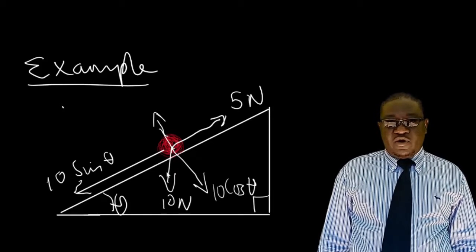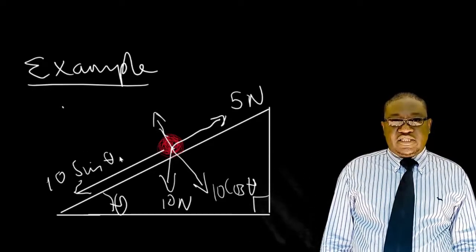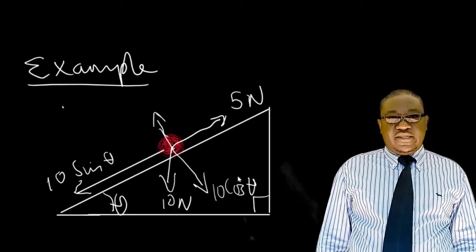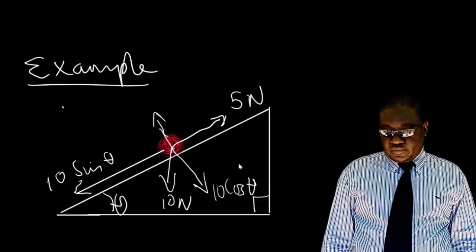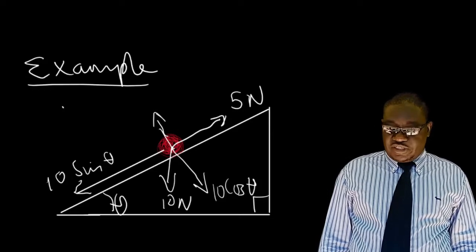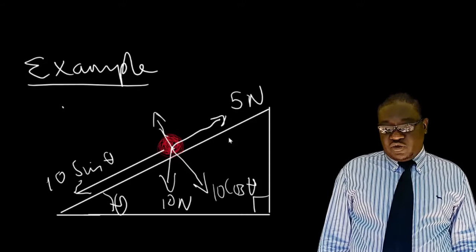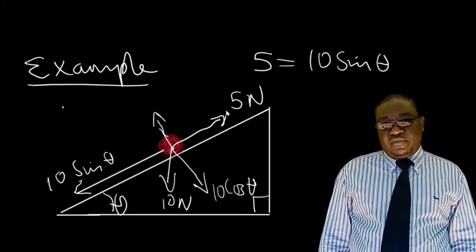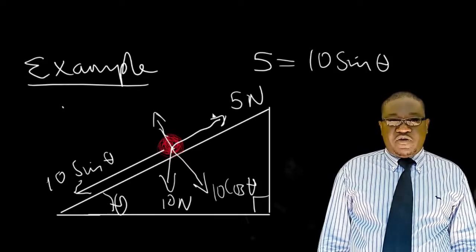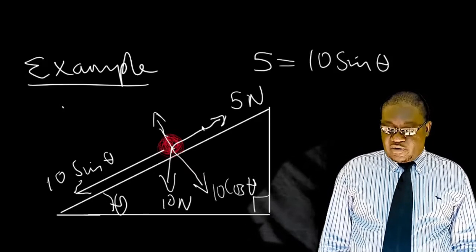As we have said, along the plane we have mg sin theta. Perpendicular to the plane, we have mg cos theta. So in this case, our weight is 10 newtons. So we have 10 sin theta, which must be equal to the 5 Newton force going up, which we have been told in the question is responsible for maintaining the exact position of the object.